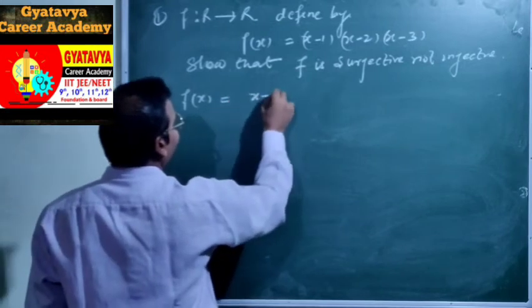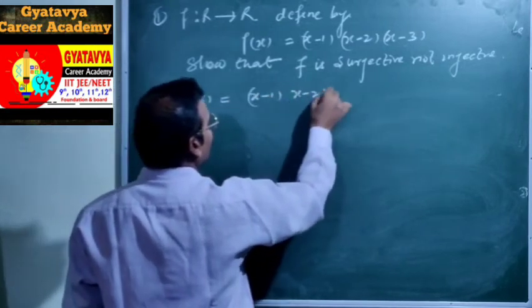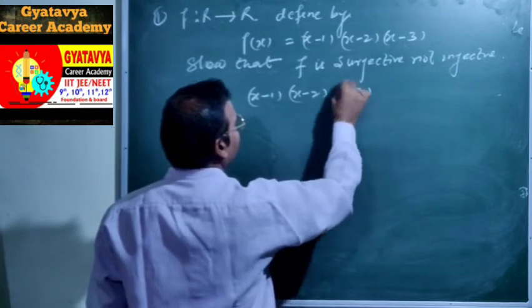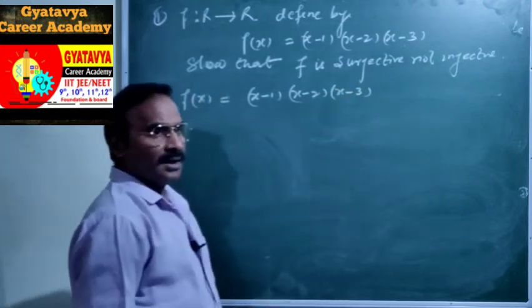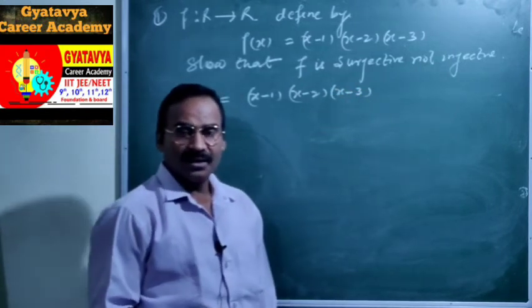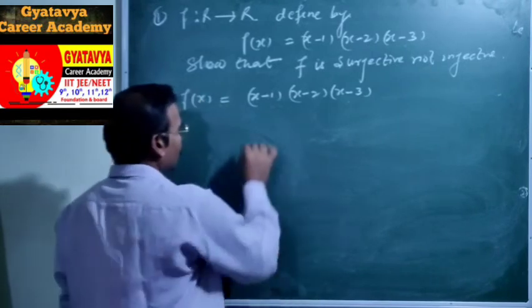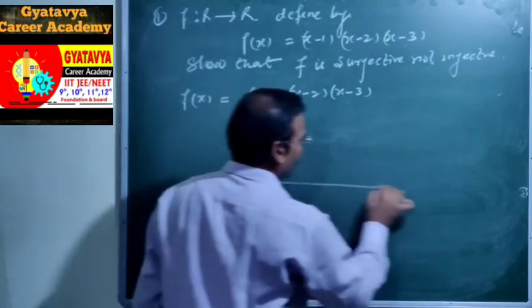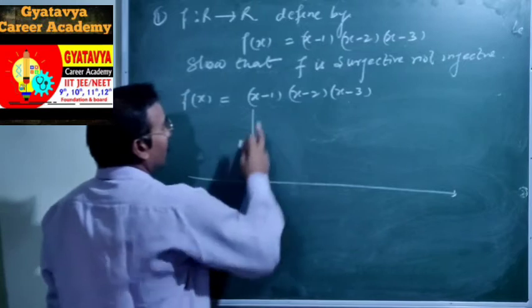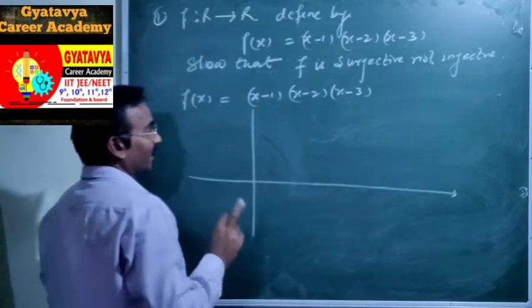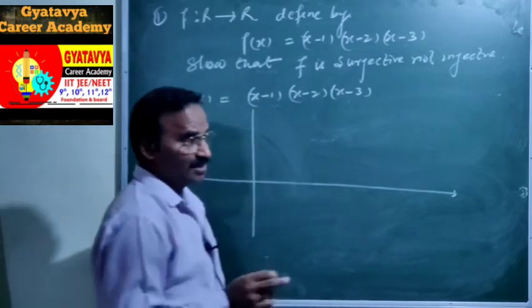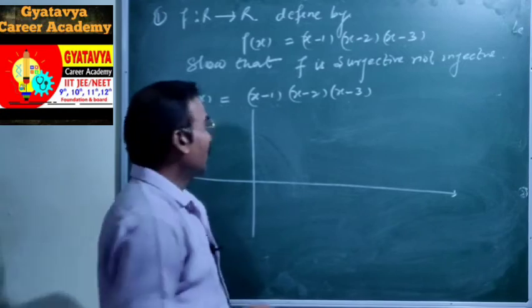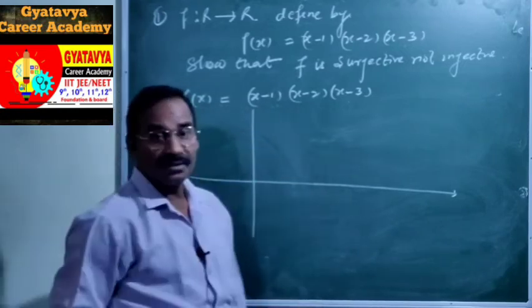Now f(x) is given as (x minus 1)(x minus 2)(x minus 3). So let us see graphically. The maximum value of x is 3, then 2, then 1.